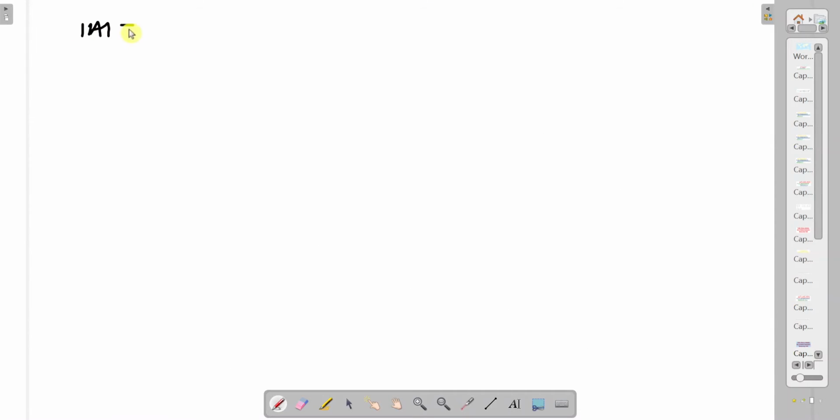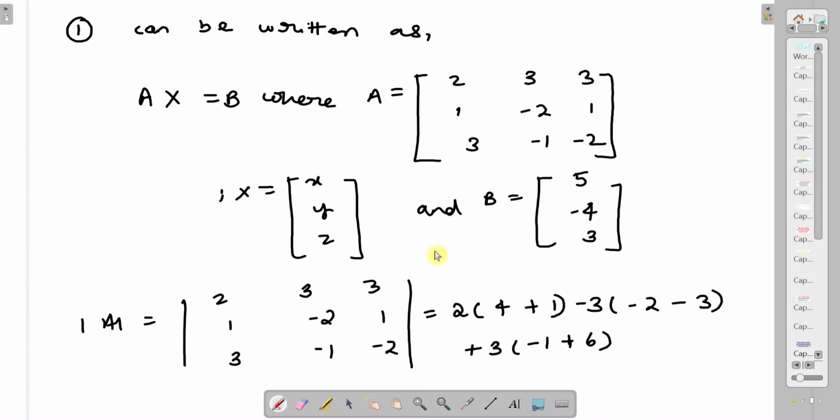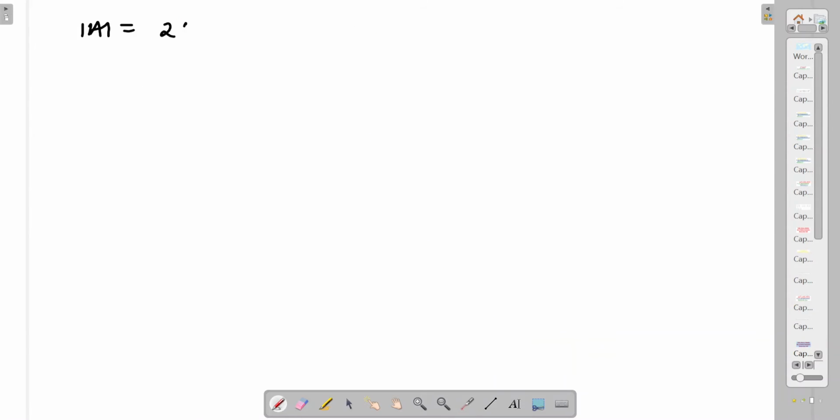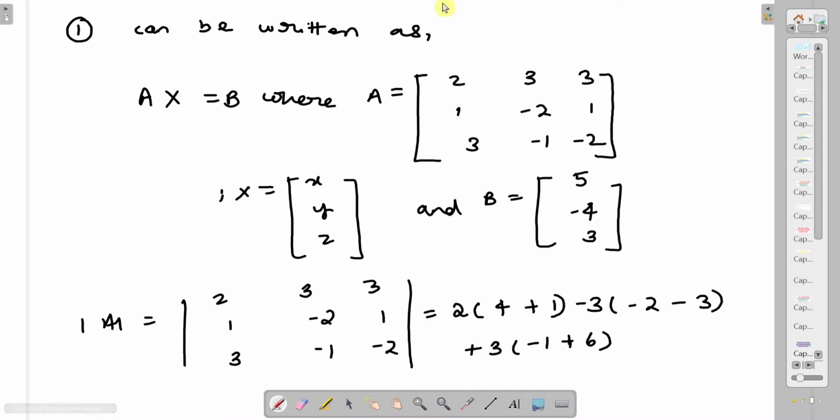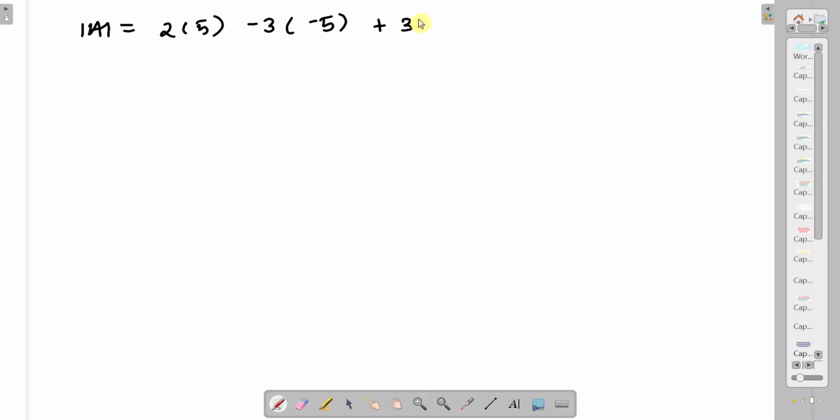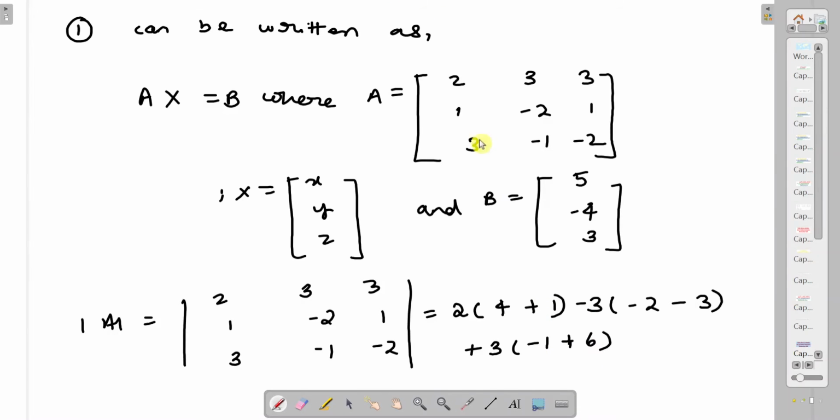So let us see what we get. The determinant of A is equal to 2 times 5, minus 3 times minus 2 minus 3 is minus 5, and plus 3 times minus 1 plus 6 is 5.